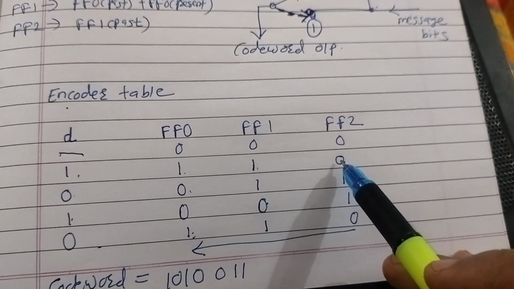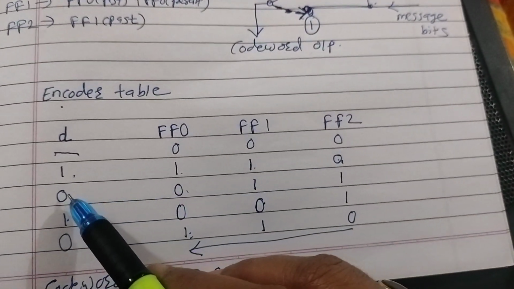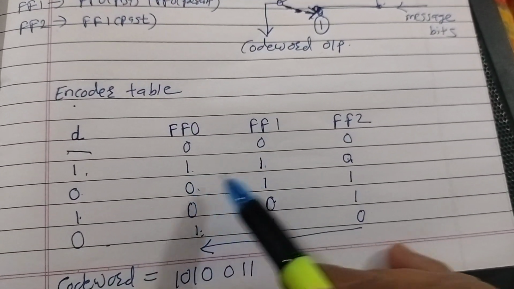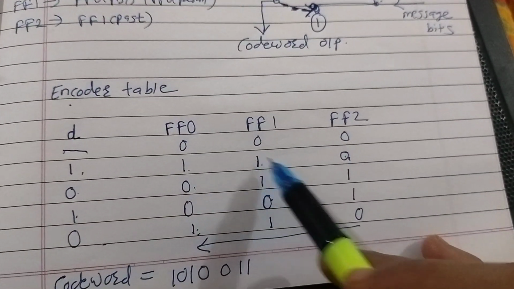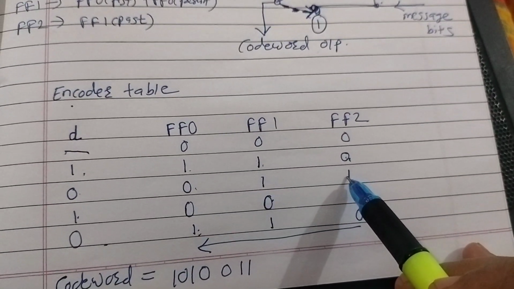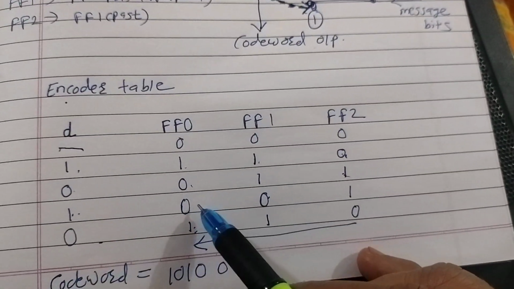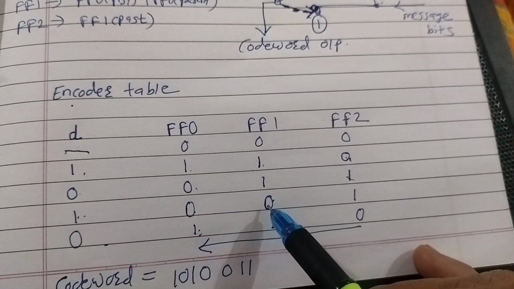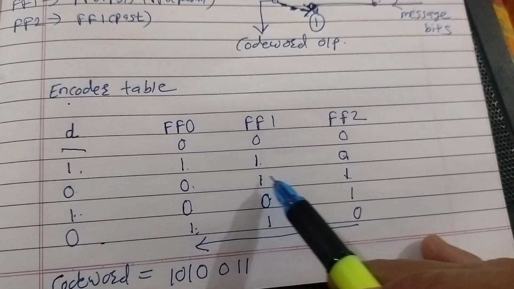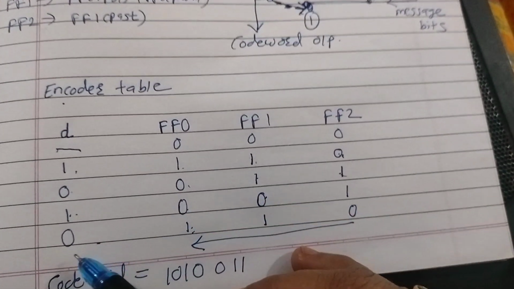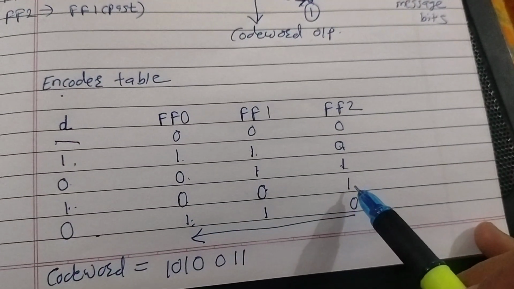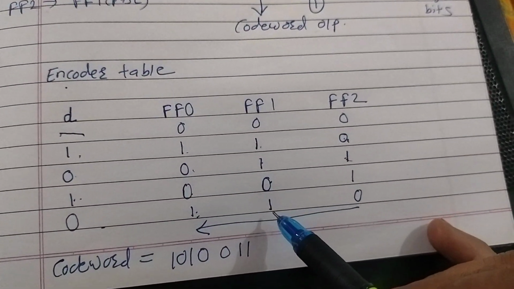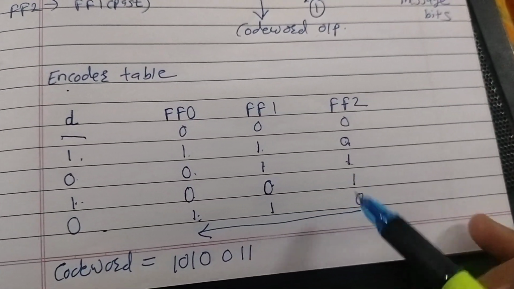Now for this row, 0 plus data 0, so 0 plus 0, 0. Then 1 plus 0, 1. Then this one will appear here. Then 1 plus 1, 0. Then 0 plus 0, 0. Then this one will appear here. 1 plus 0, 1. Then 0 plus 1, 1. Then this 0 will appear here.